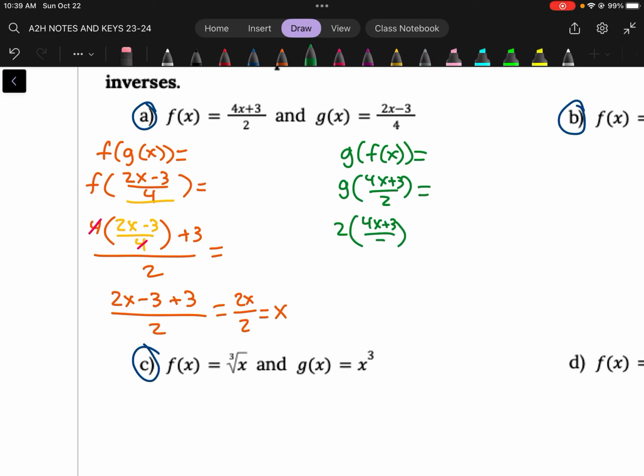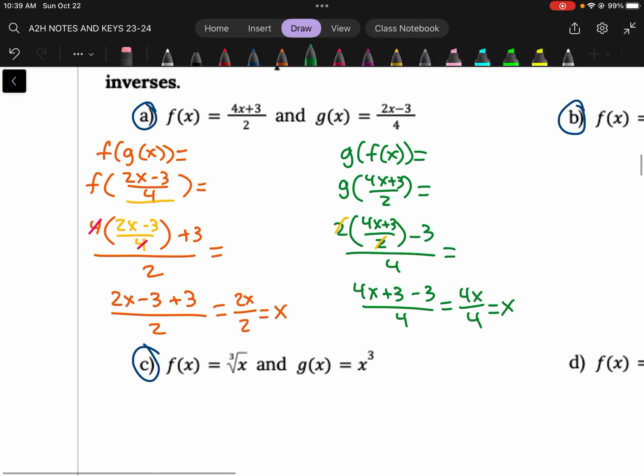We're going to take 2 times the parentheses 4x plus 3 over 2 minus 3 over 4, which equals 4x plus 3 minus 3 over 4, because those 2's canceled, right? And that was a really helpful thing because now it's just down to, what, 4x over 4 equals x. So we can conclude here, right, f of x and g of x are inverses.